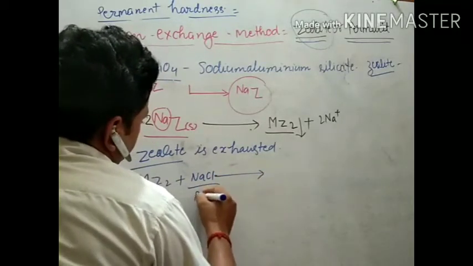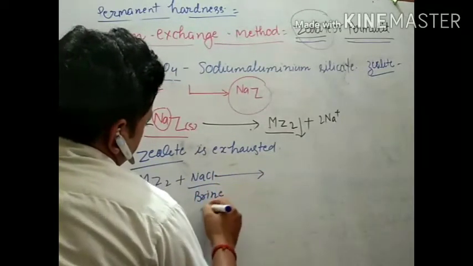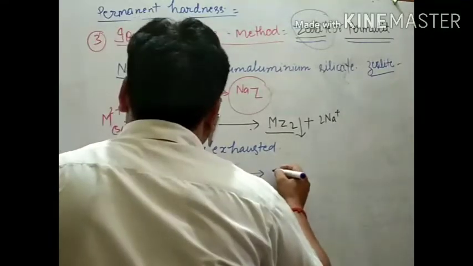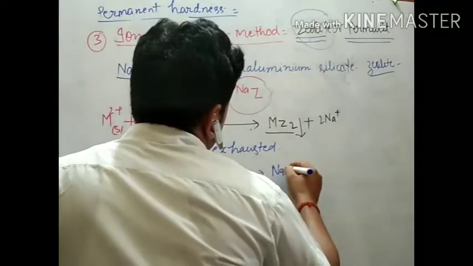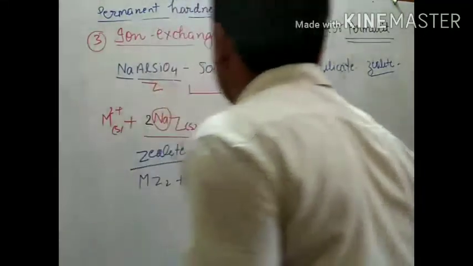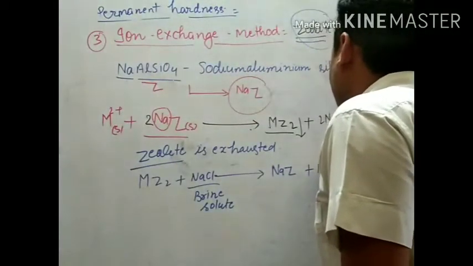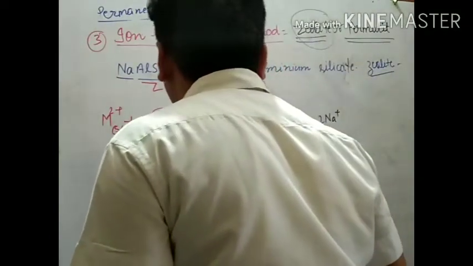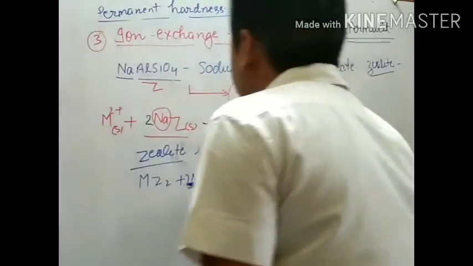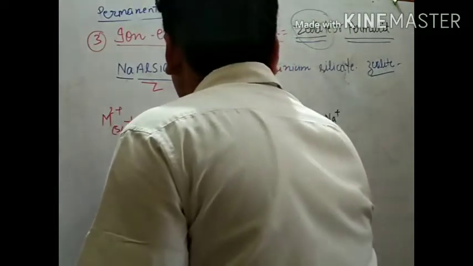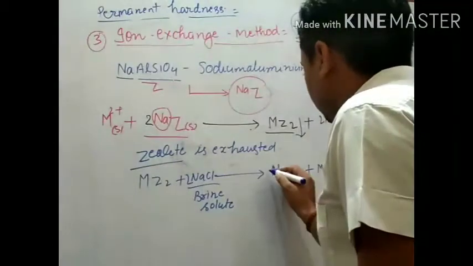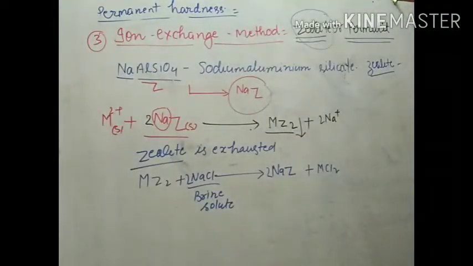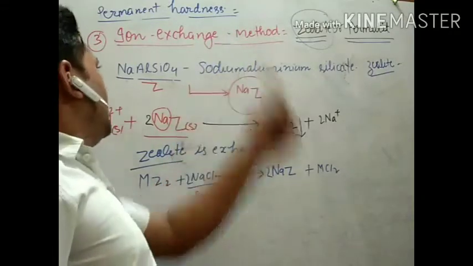Brine solution, and it again forms NaZ plus MCl. NaZ and MCl. So by this we can regenerate the zeolite.